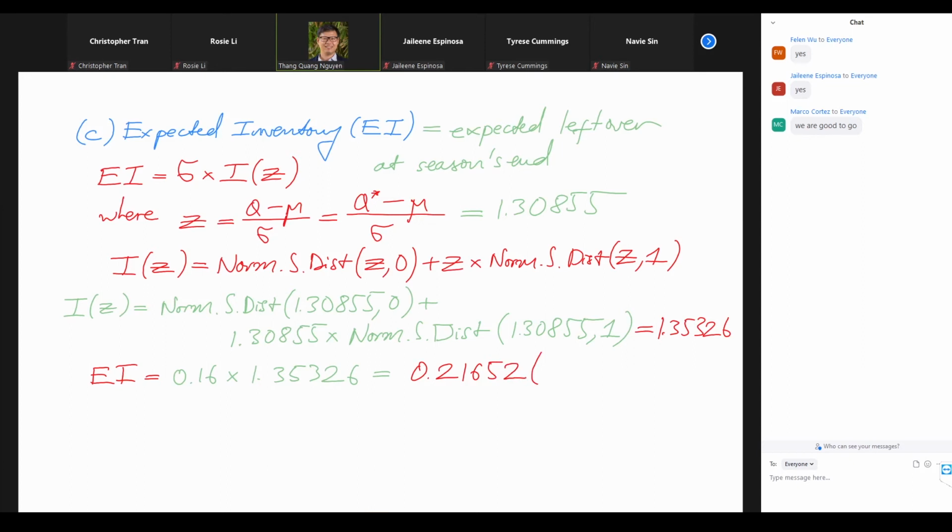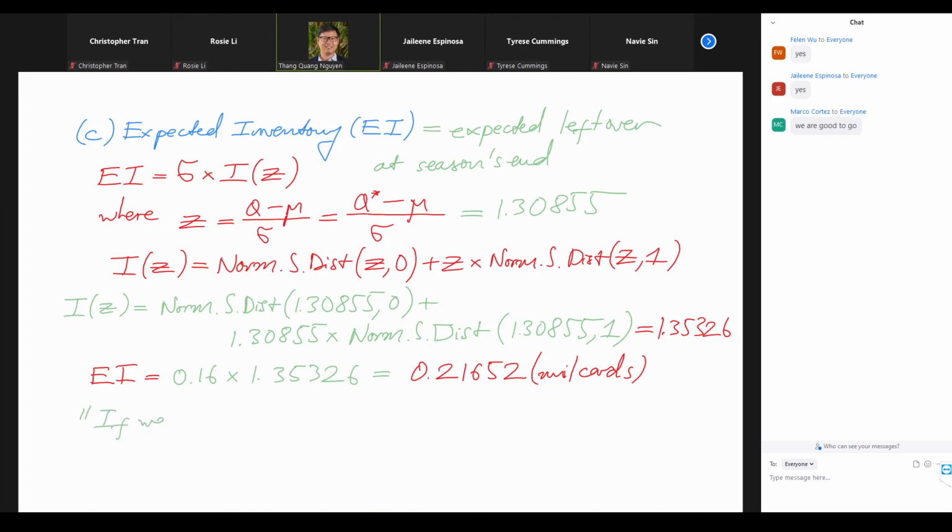Again, we talk about the cards. So here we talk about millions of cards: 0.2 million cards as expected leftovers. So we can interpret this result as the following.